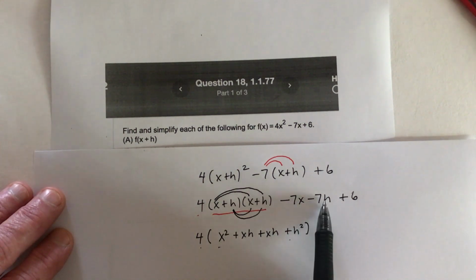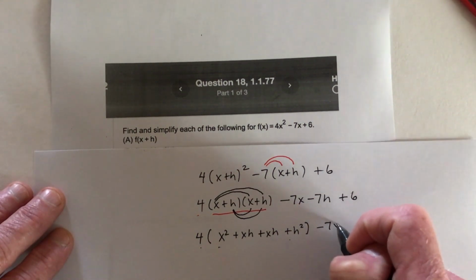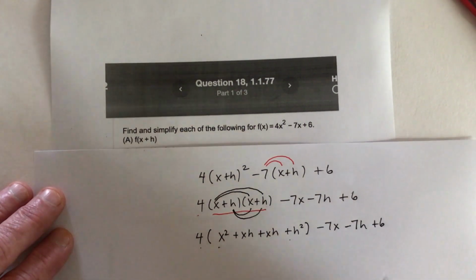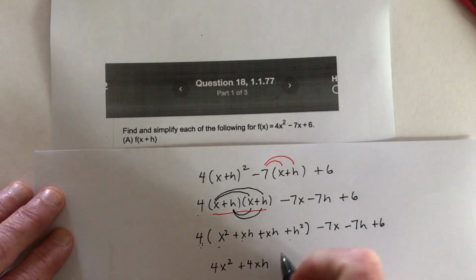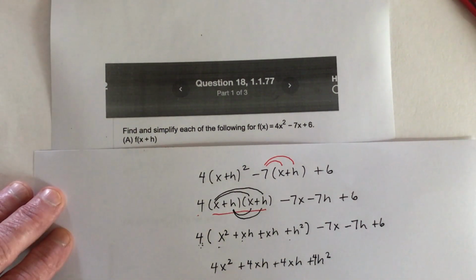Looking over here, none of these terms can be combined, so for now, I just copy them down. Okay, now distribute. So 4 times this is 4x squared, then times this is plus 4xh, and then times this is plus 4xh plus 4 times h squared.